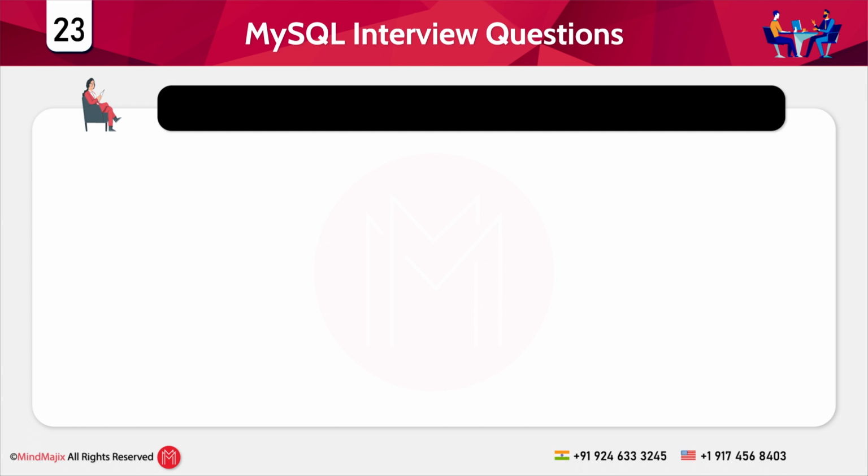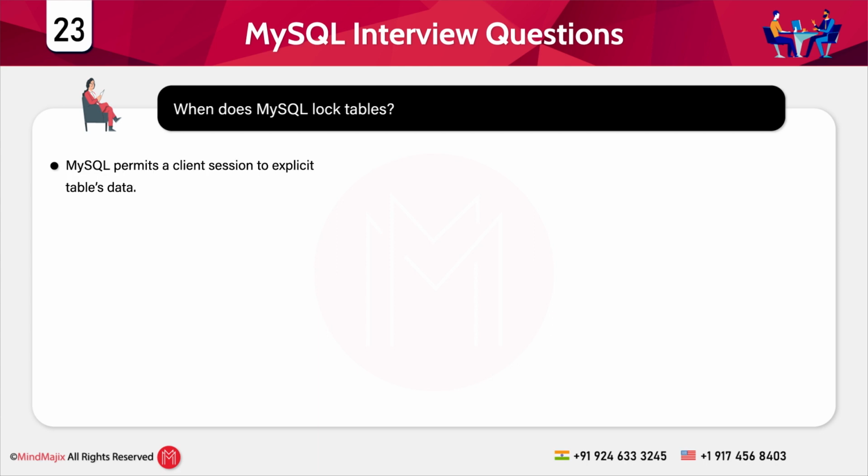The next important question is, when does MySQL lock tables? The lock mechanism restricts the illicit or unauthorized access of the data in a table. MySQL permits a client session to explicitly obtain a table lock to cooperate with other sessions to access the table's data.